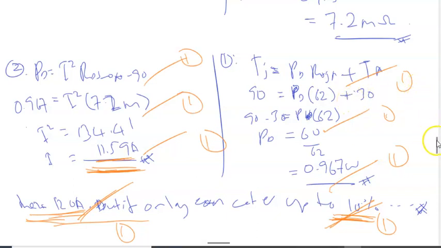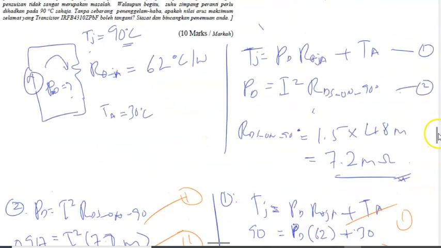Then 1 mark for your method to find this RDS on, and 1 mark for your concept, and maybe 1 mark for your effort to find this data from the datasheet.